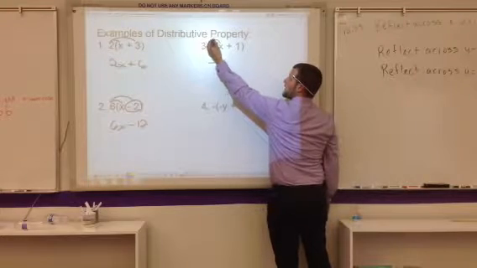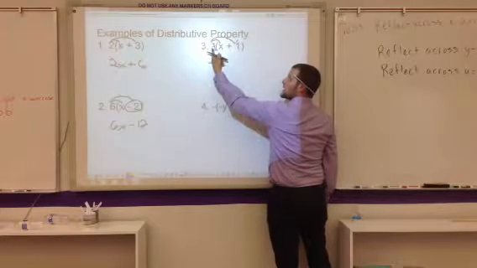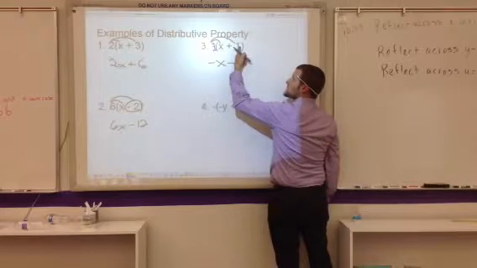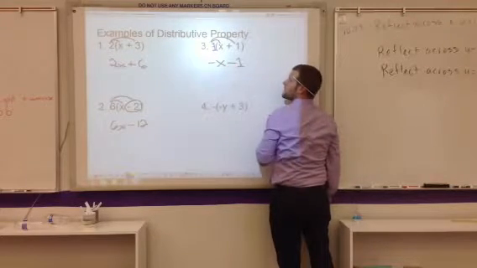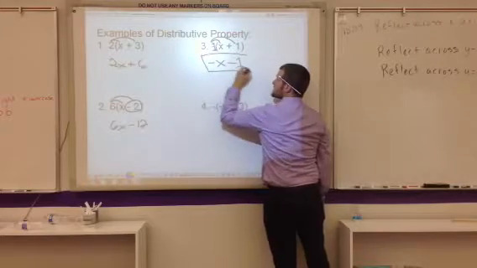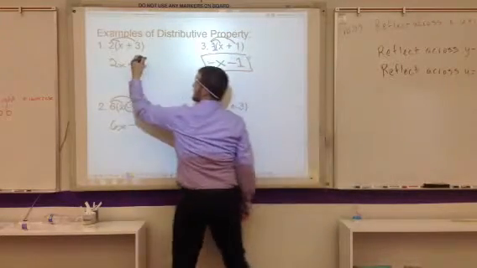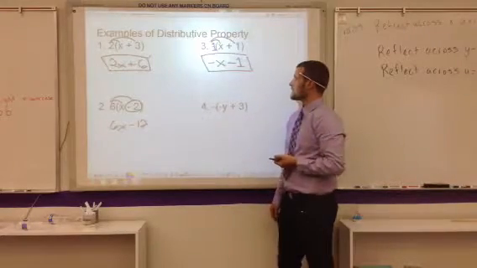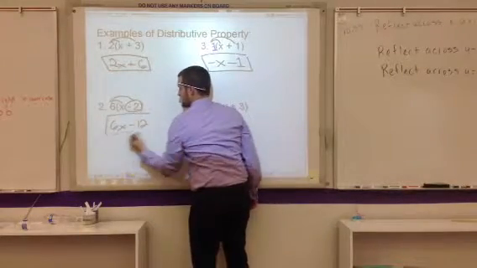Then I have to multiply also back here. Negative times positive makes negative, 1 times 1 makes 1. And that is finished. I should have boxed my answer up here as well. Oh, and down here as well.